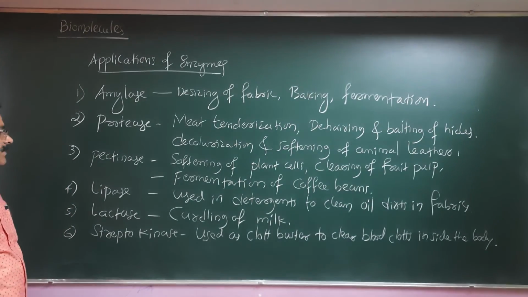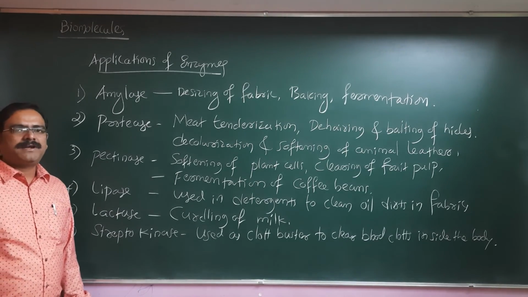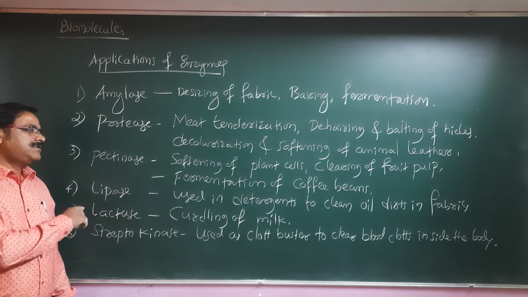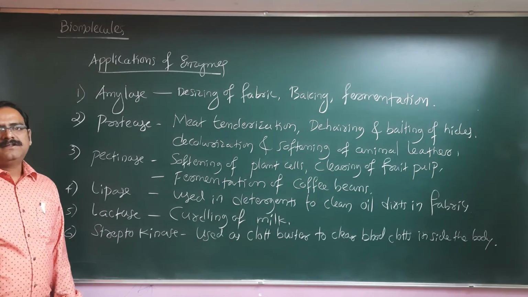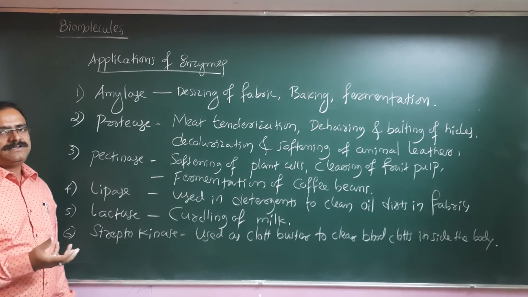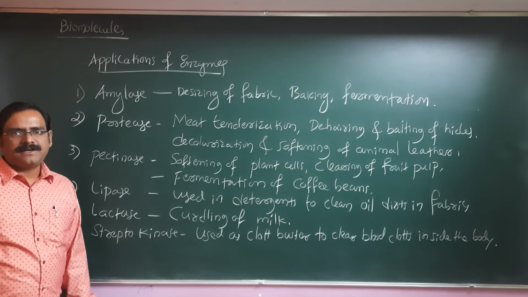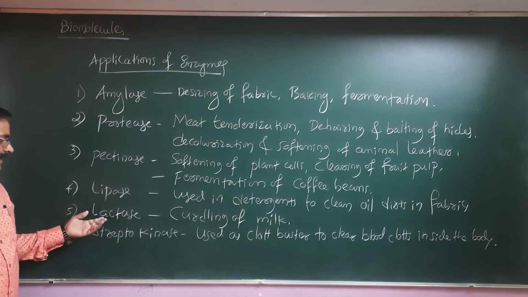And then lipase. Lipase is an enzyme that mainly breaks up lipids. So it is used in detergents, so that cloth heavily dirtied with oil can be easily cleaned. They use lipase in the detergents. And then lactase.